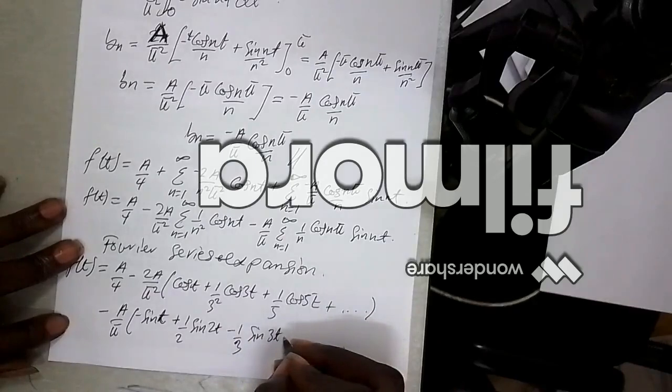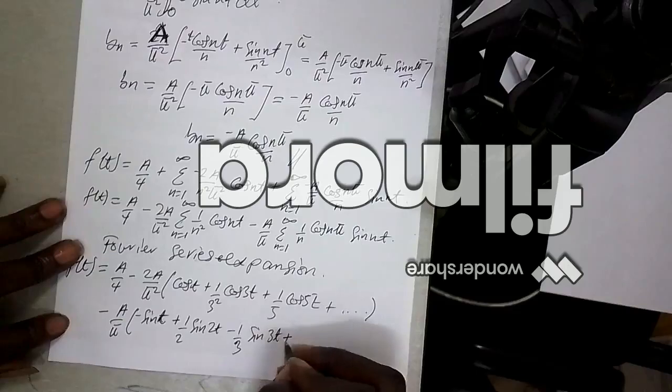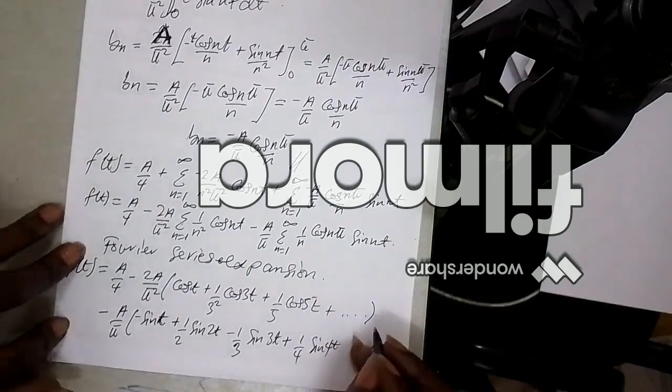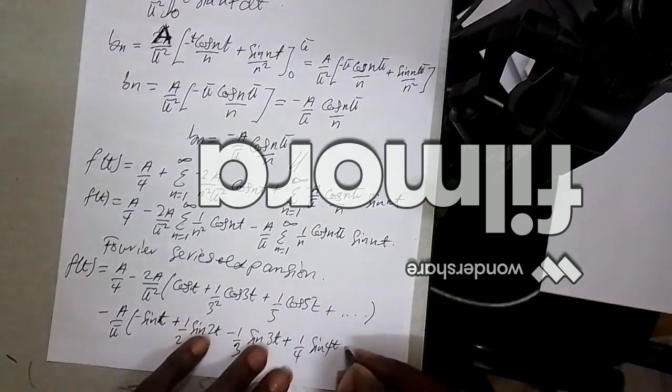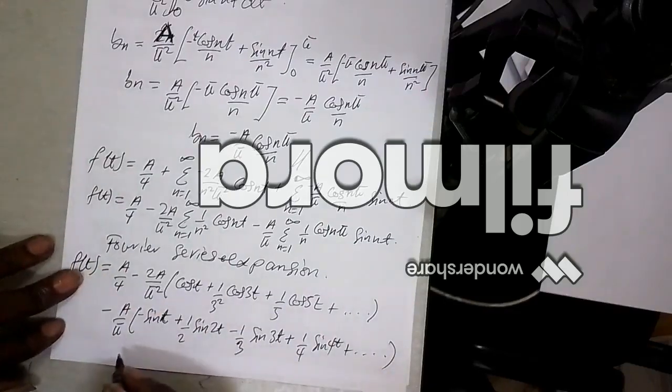Now let me put in 4. Cos 4 pi is positive, so I'll have 1 over 4 sine 4t, and then it will go on and on like that. So this is what you get.